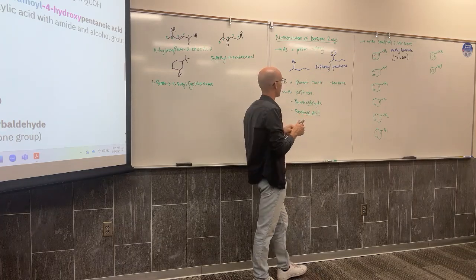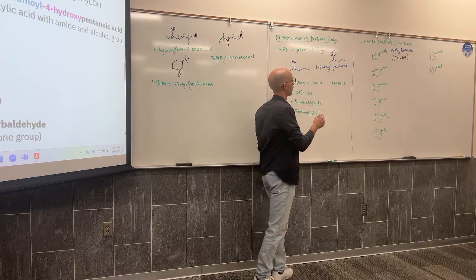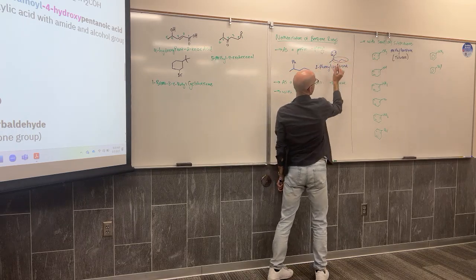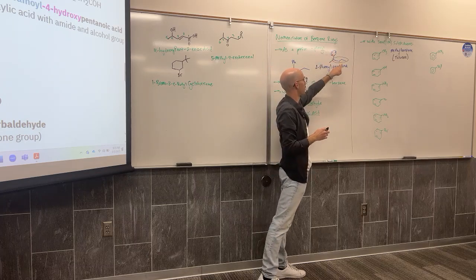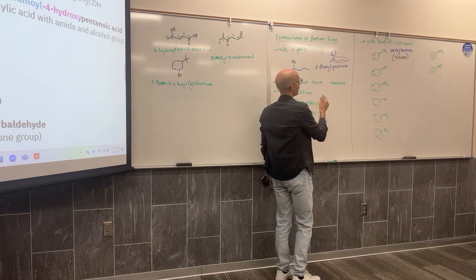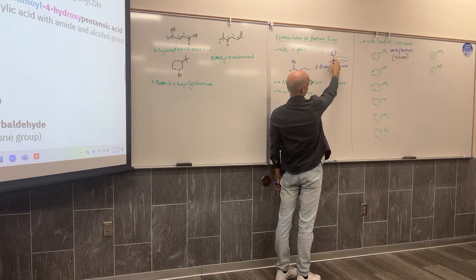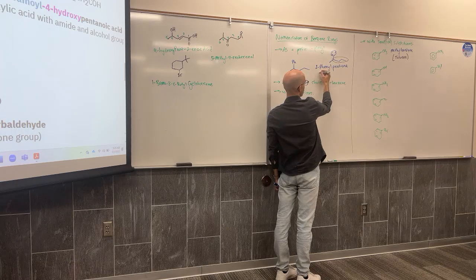The other way we'd have to name this, if the benzene ring is the root parent chain, and this was a substituent, then it would be a 4 carbon substituent with a methyl coming off at position 1.